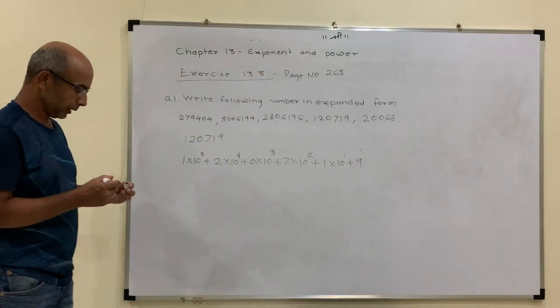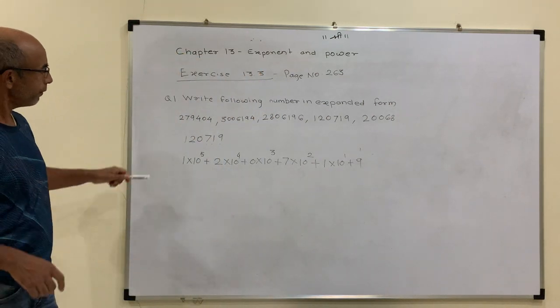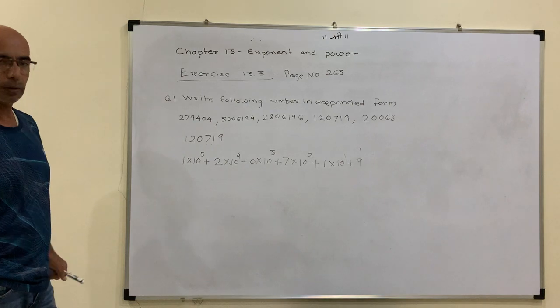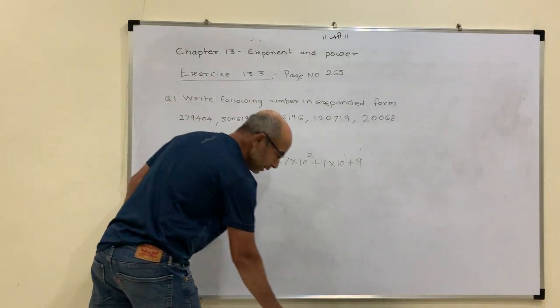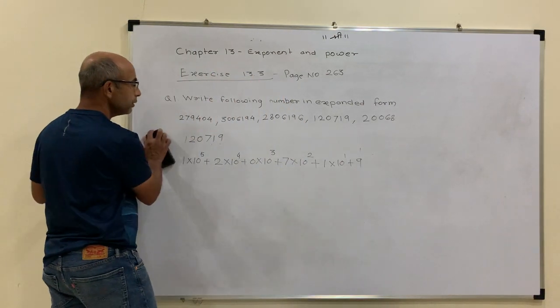So now this is your expanded form of 120,790.